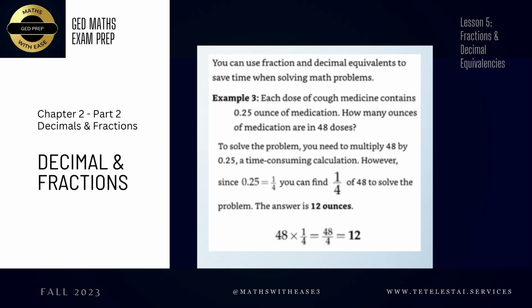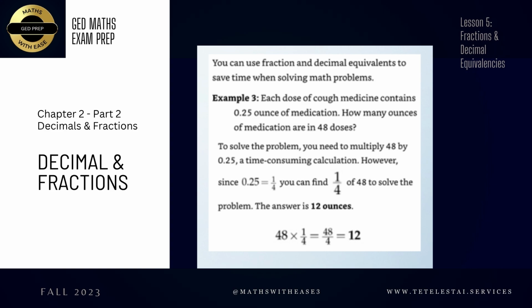You can use fractions and their decimal equivalents to save time when you're working on your test. So for example, in this particular scenario, we're told that each dose of cough medicine contains about 0.25 ounces of medication. And then we're asked to figure out how many ounces of medication are in 48 doses. You would simply convert 0.25 to its fractional equivalent, which is 1/4, and then multiply 48 by 1/4.